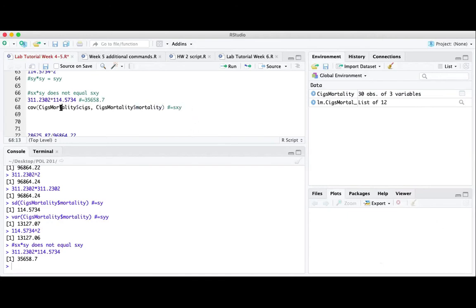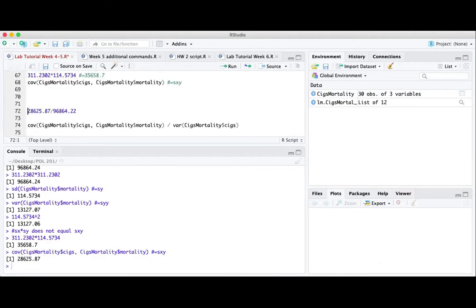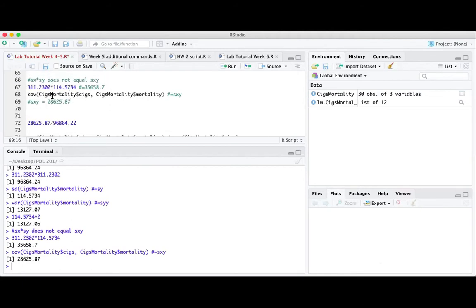If I run this command, I get at the bottom that covariance is 28,625, which is a different value than Sx times Sy. Sx times Sy gives us 35,000, and covariance Sxy gives us 28,000. So again, this shows you that Sxy does not equal Sx times Sy.